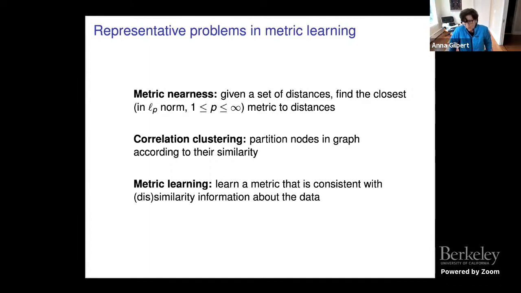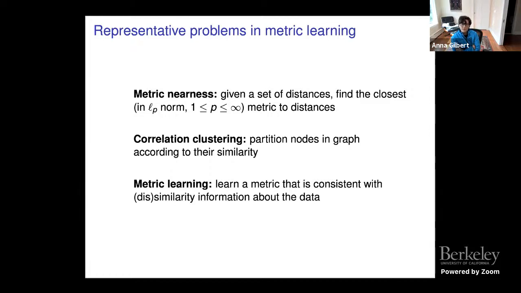The next version of the problem that we tackled was correlation clustering, the idea of partitioning nodes in a graph according to their similarity. You're given nodes that are similar and nodes that are dissimilar, and you are supposed to partition the graph into two clusters. And then metric learning, where you're given data points and information about those that are similar and those that are dissimilar.